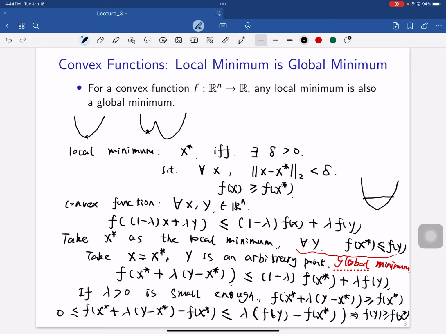So since we pick y in a very arbitrary way, you pick any arbitrary y, then we show that f of y must be greater than or equal to f of x star. In other words, if x star is a local minimum, it must be a global minimum if function f is convex. Okay, so we are just using some very simple algebra and the properties of local minimum and convexity to prove this.